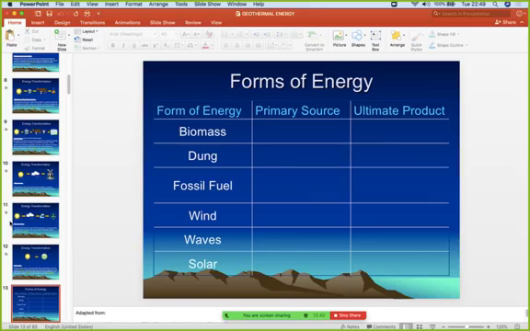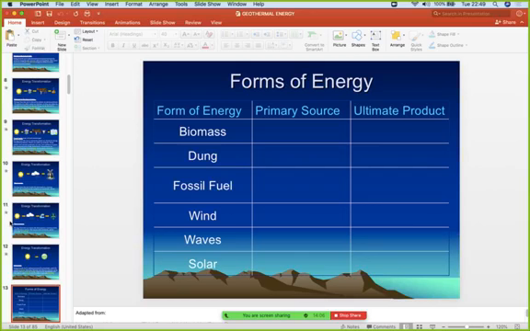So what we don't have here is water, but waves is intended also for energy transformation by running a turbine. Of course, we don't have diesel fuel, but also coal can be used as a fossil fuel. So what happens here?